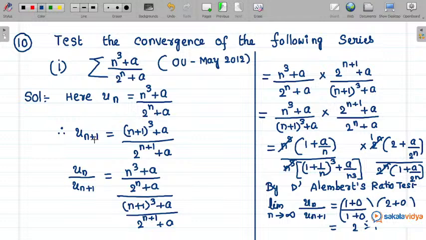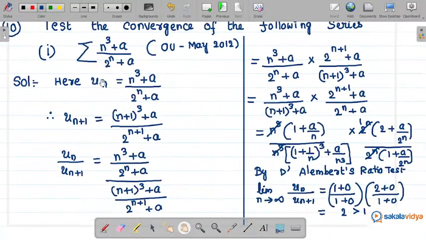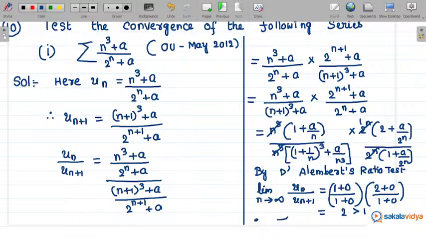It has been completed now, right? So now let us write our conclusion. So what is the conclusion? Hence sigma un is convergent.